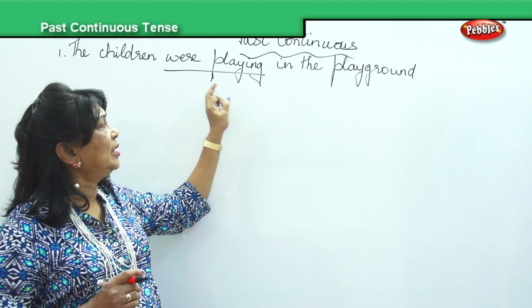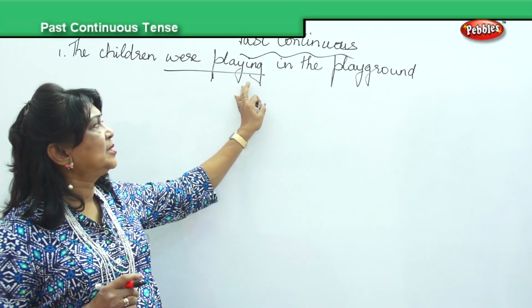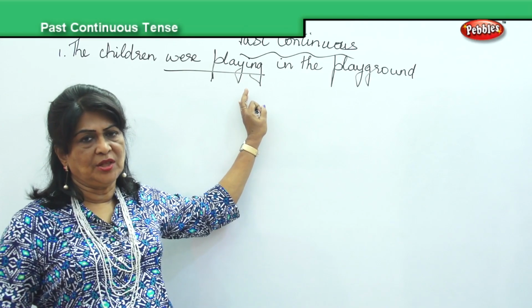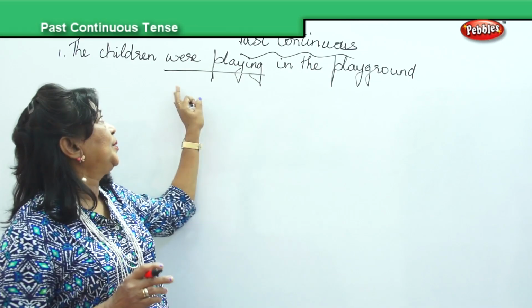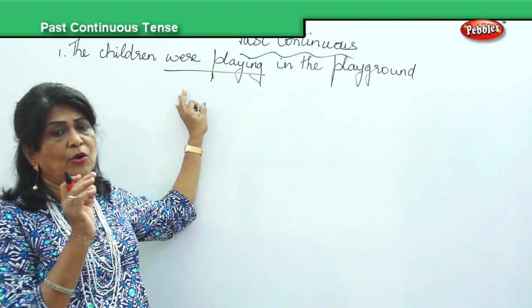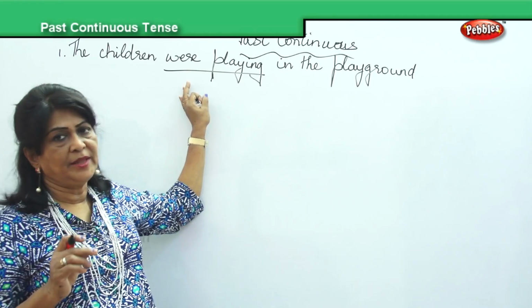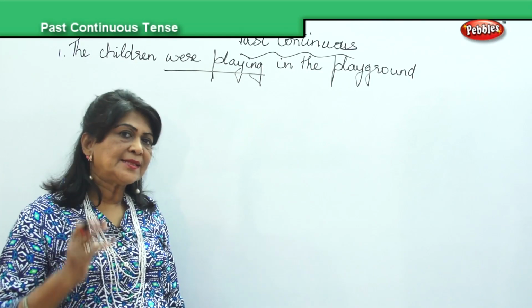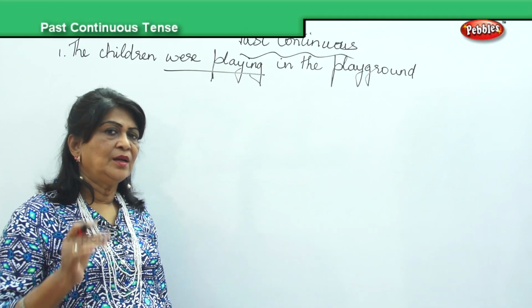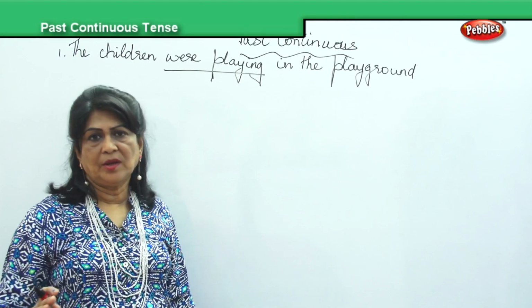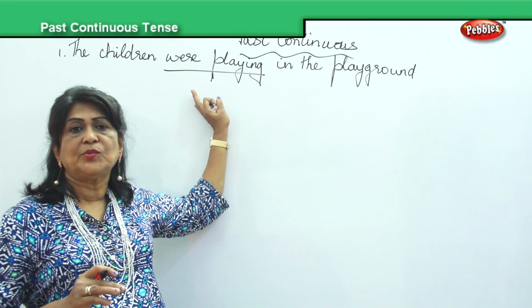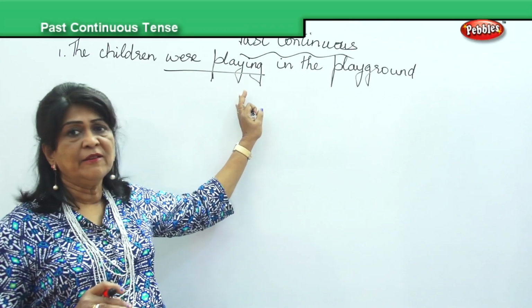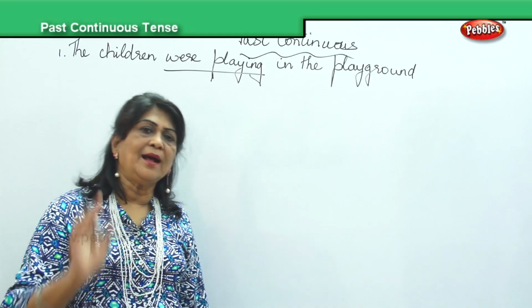So mostly continuous tense will end with ing. Okay, it will always end with ing, and before that we will have the main or the basic verb: is, am, are, was and were. These five main or primary verbs will come before the other verb which ends in ing.